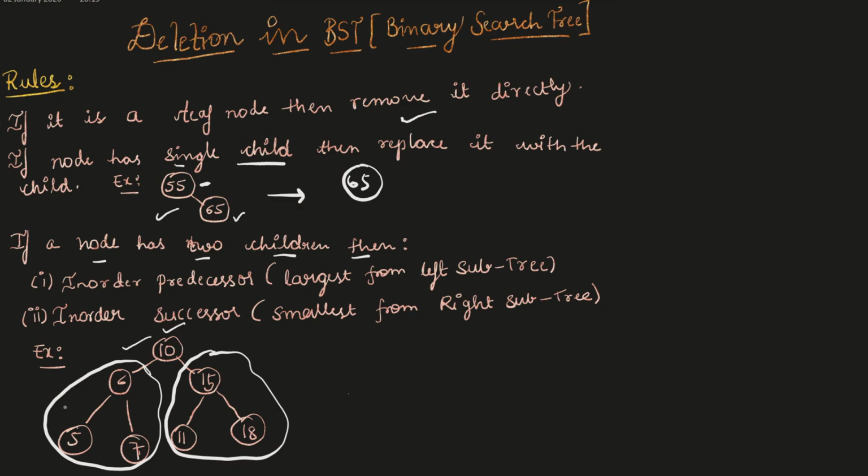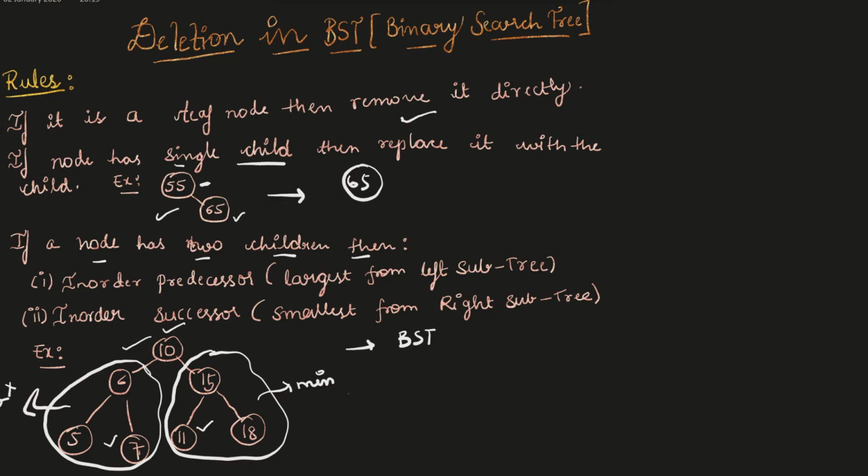From the left part, we take the maximum element, and from the right part, we take the minimum element. So, from the left part, the maximum element comes out to be 7. From the right part, the minimum element comes out to be 11. Because at the end, it has to satisfy the binary search tree rules also.